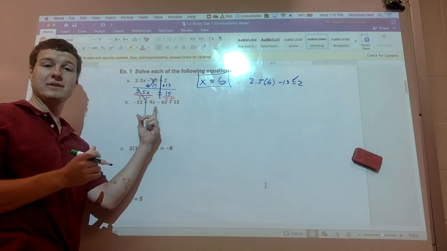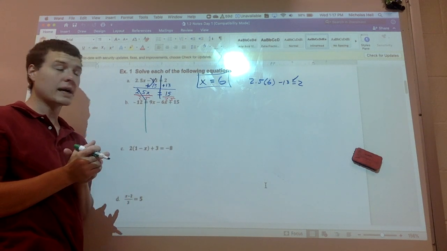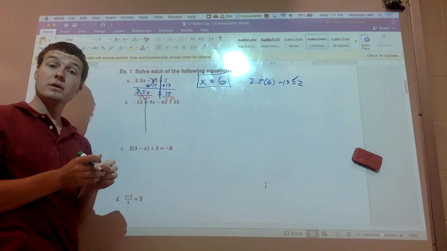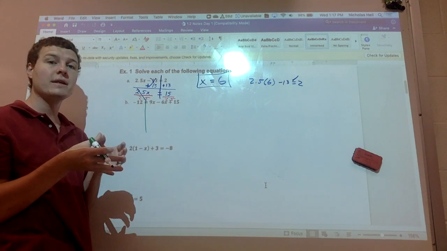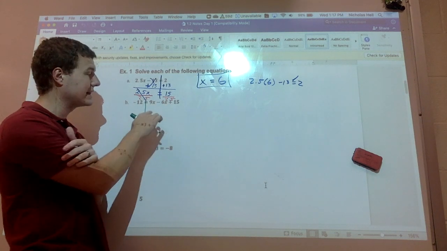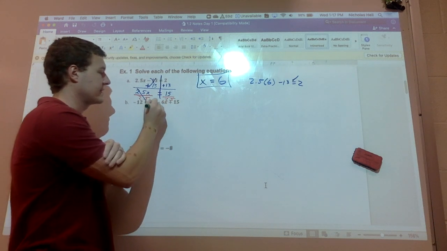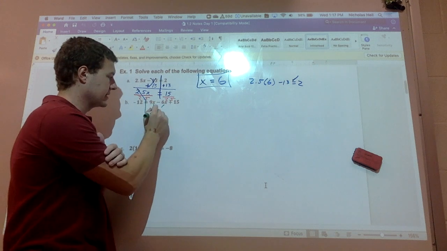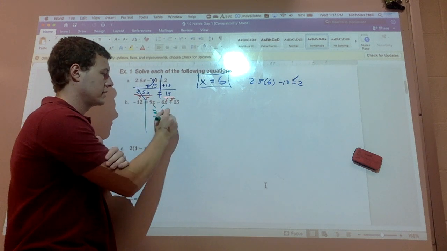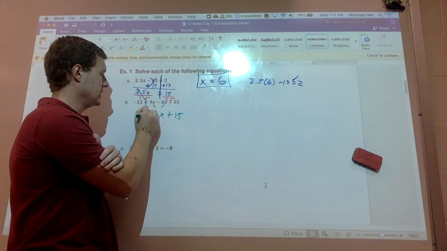These guys, since they're on the same side of the equal sign, they're both on the right side, they're technically like terms, and we can combine them that way. So I'm going to do exactly what this tells me to do since it's on that side. That's 9x minus 6x. If I combine those, that's going to give me 3x. I've got plus 15 equals negative 12.